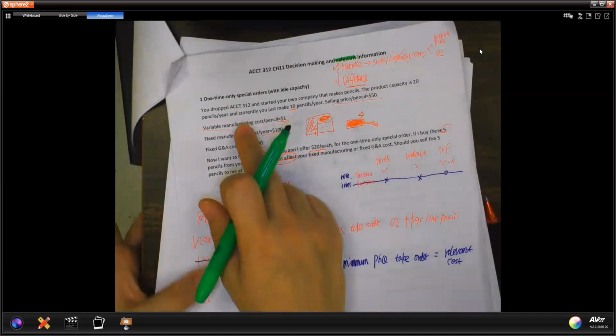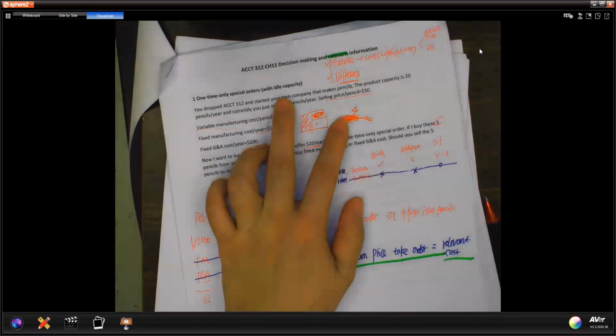So remember, when we talk about one-time special order, we wrote down here, we said minimum price is the relevant cost. But that's under the idle, you have extra capacity. So now you have the opportunity cost.